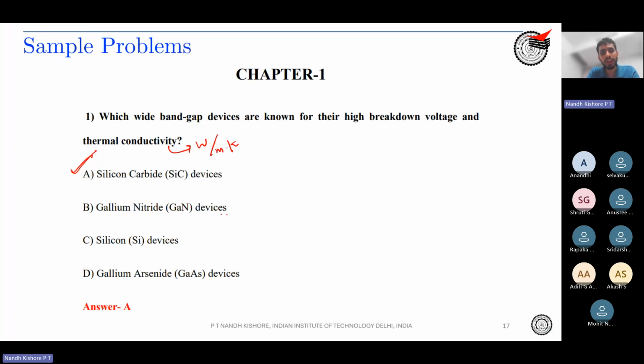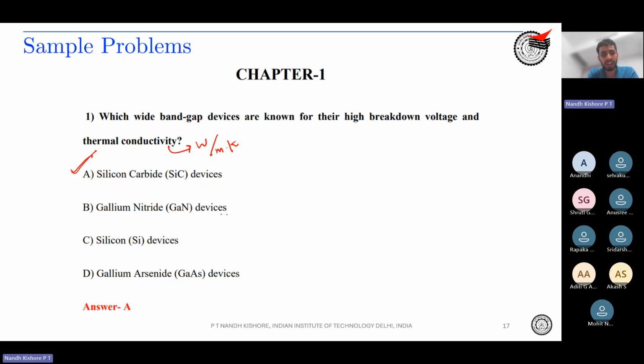If you are going to use it for high power applications, there will be more and more heat. If the device is able to dissipate more heat, then it is suitable for high power applications. And obviously silicon carbide scores there. It has a high thermal conductivity, which means it is much easier to remove heat from the silicon carbide die.